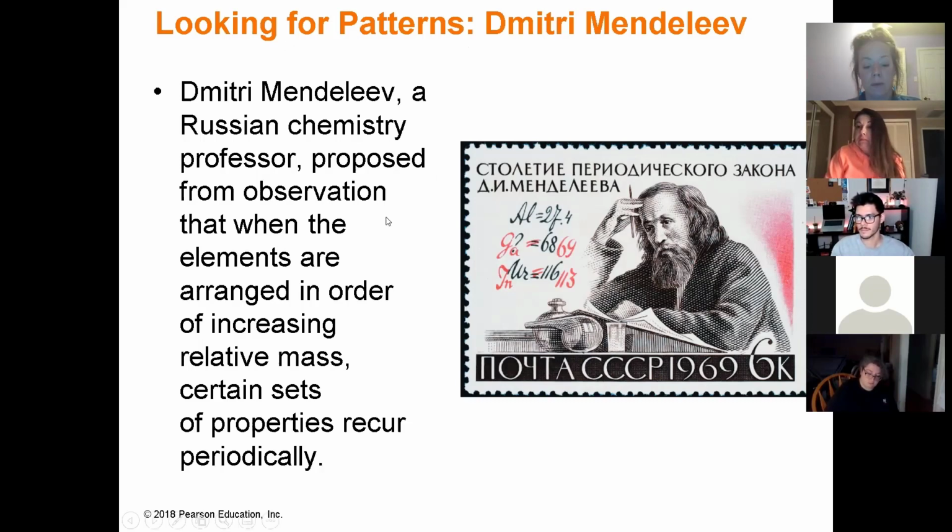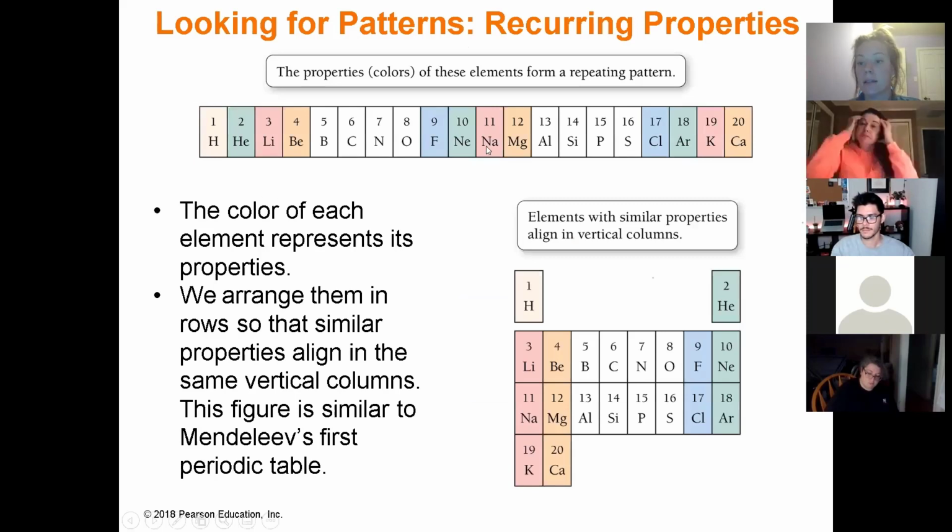And what he found when he laid these cards out is that hydrogen had its own unique properties. It did its own thing. Helium had this property, we'll just call it green, okay? Lithium had this property, pink, and beryllium had this property, orange. And then there was a varying amount of properties. And then we had fluorine.